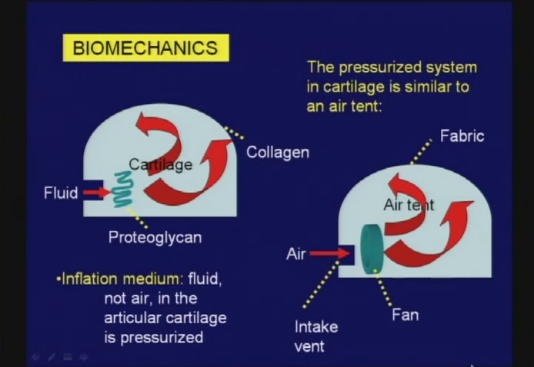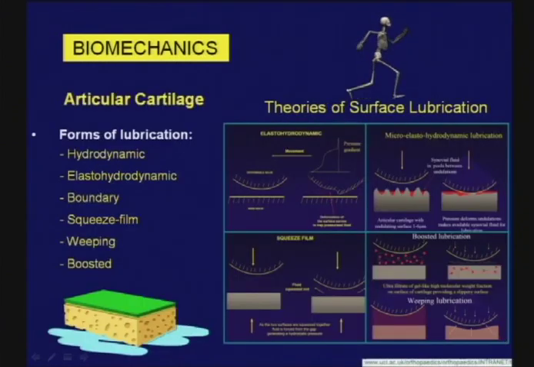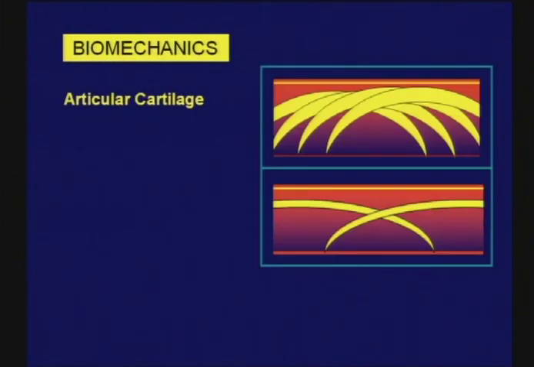So it is the fluid in the articular cartilage acted upon by the proteoglycans, which serve as the fan, that lead to the forces that keep the collagen intact within articular cartilage. As the fluid is expressed from the surface of articular cartilage, it lubricates that articular cartilage. There are many theories as to exactly how this lubrication occurs, 6 major ones. I'm not going to talk about them. I only understand about 2 of the 6 theories.